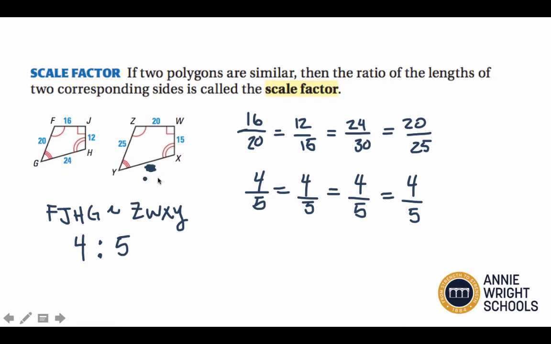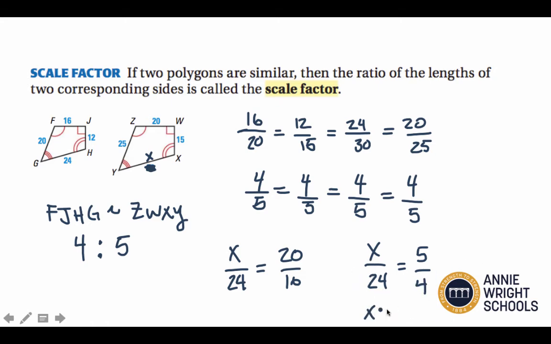Or a lot of times I like to set it up with what I'm trying to solve for. And I say x is to 24 what 20 is to 16. Or x is to 24 what we're taking from this side, 5 is to 4. Multiply both sides by 24 and you get x equals 30, which is what we knew that side already was. Good?